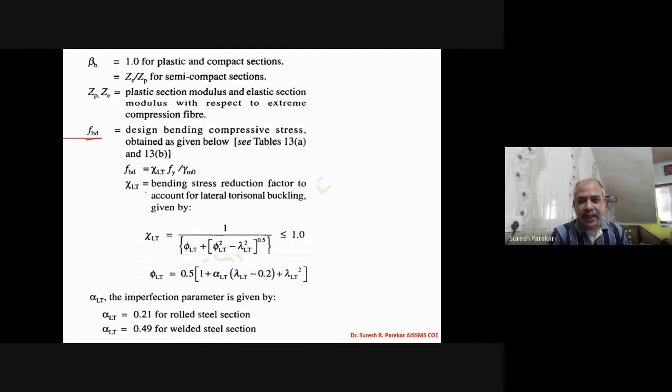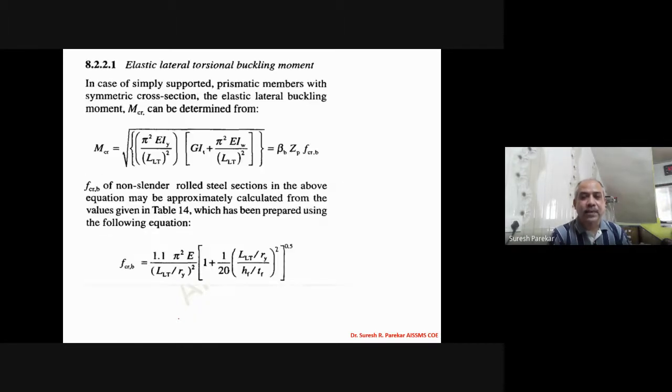Or we can go to table number 14 to calculate FCRB, and by using 13A or 13B we can have FBD. 13A is for alpha LT equal to 0.21, that is for rolled, and alpha LT 0.49 is for welded section. And if we go by MCR, then we have to calculate this value, and that is a little bit lengthy.